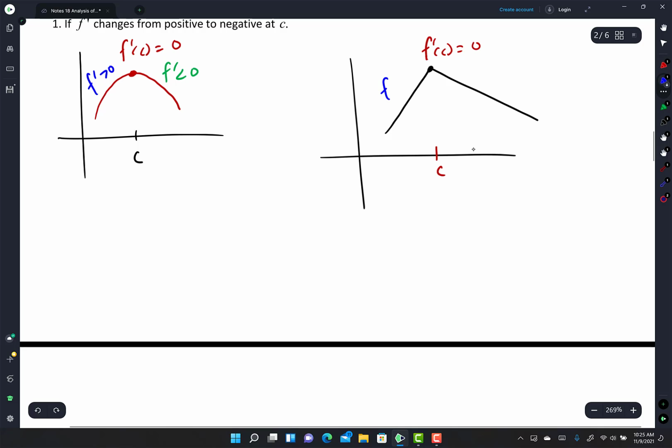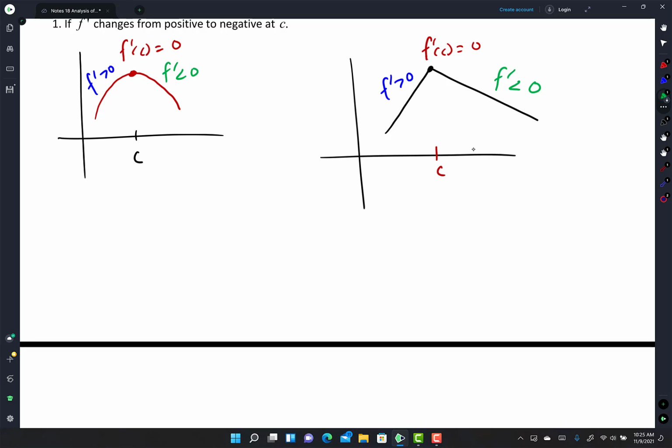And then f prime positive, f prime negative. I'm trying to keep the same colors, guys. I'm trying to write good notes here. It doesn't matter how the concavity is. If f prime goes from positive to negative, you have a max.